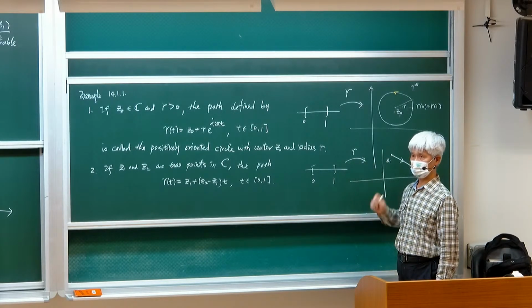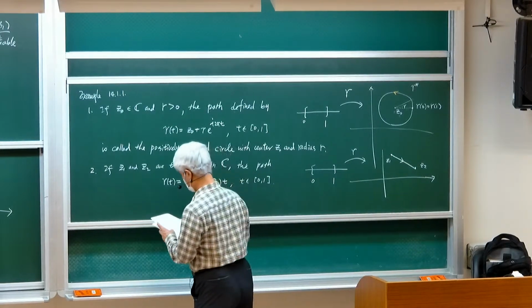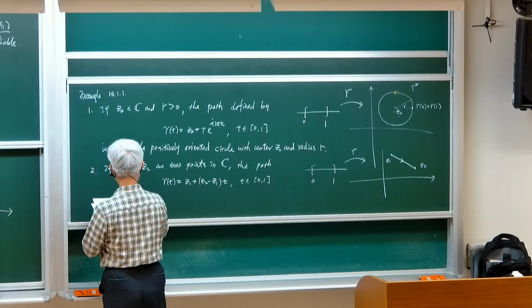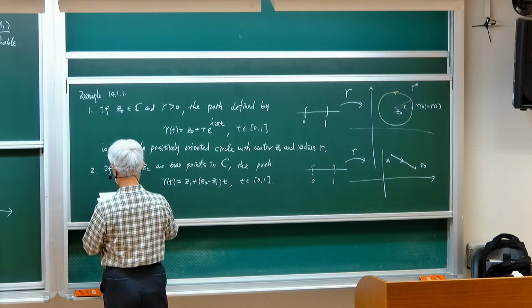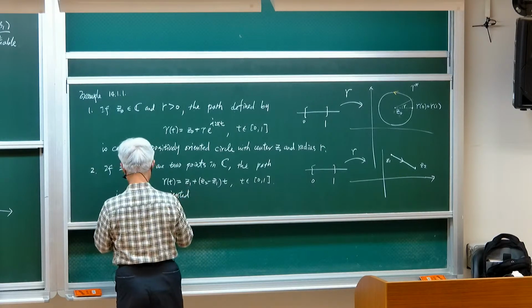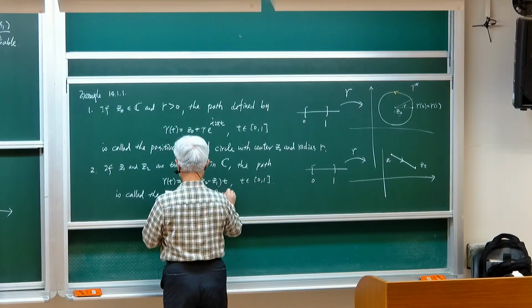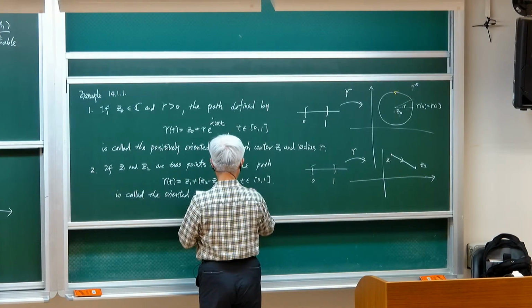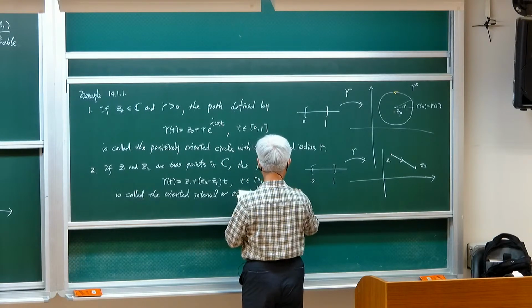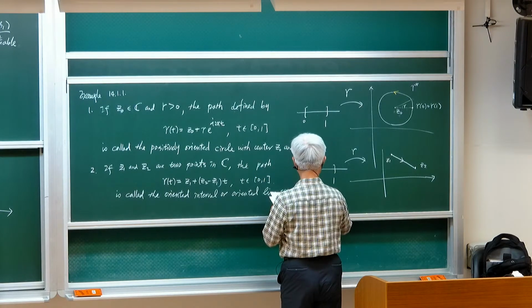It is called the oriented interval or oriented line segment, and denoted as [Z1, Z2].